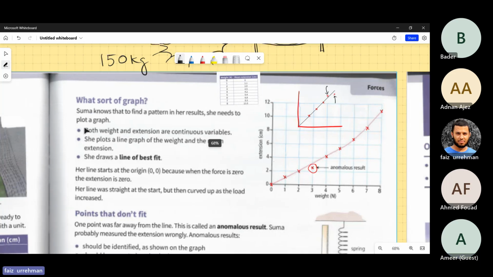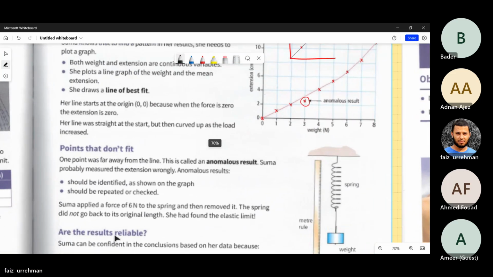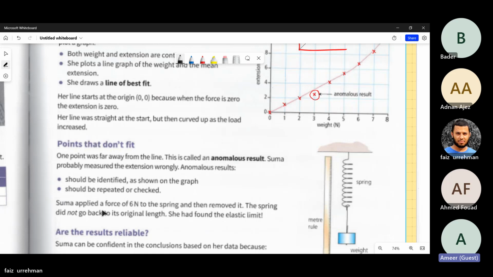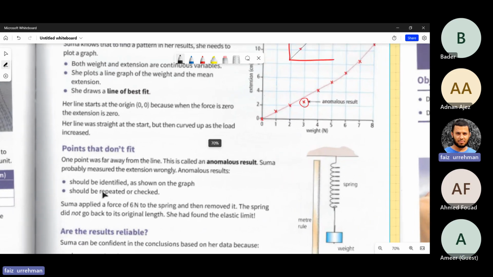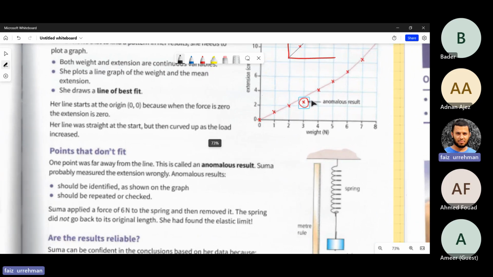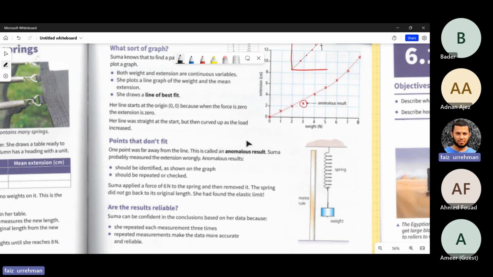So points that don't fit are anomalous. As we observe, this point is not matching with the other results.